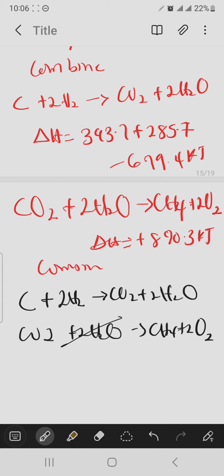Here, this one and this one are common, you cancel them. This one and this one common, you cancel them. So what else remains?